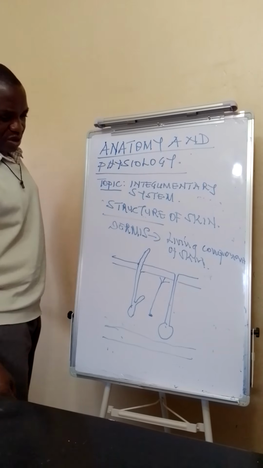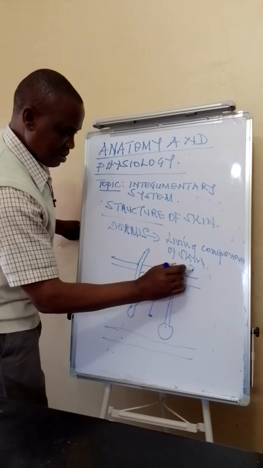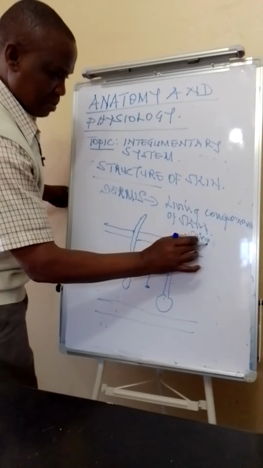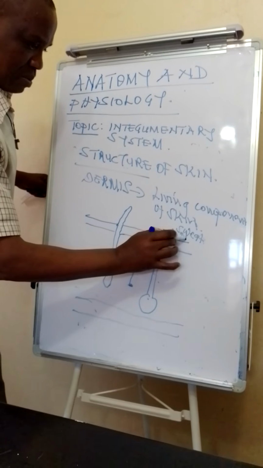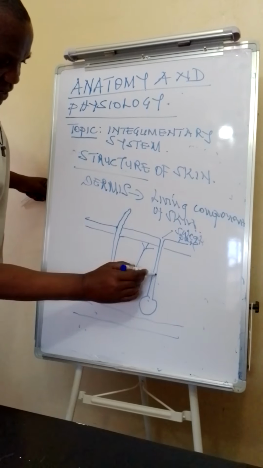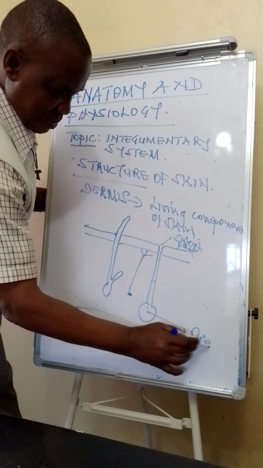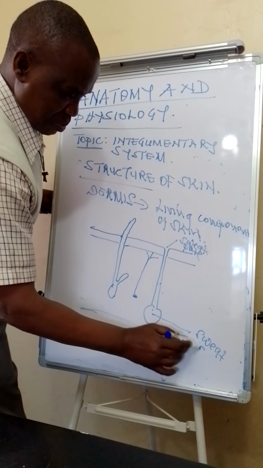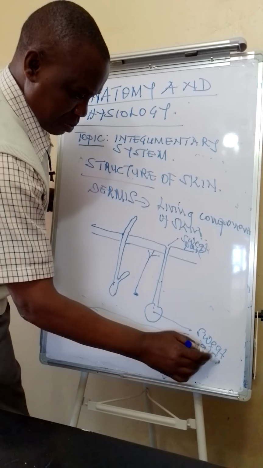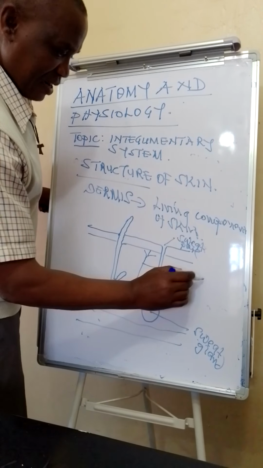So this is the sweat pore, and this is the sweat gland. This is the nerve ending.